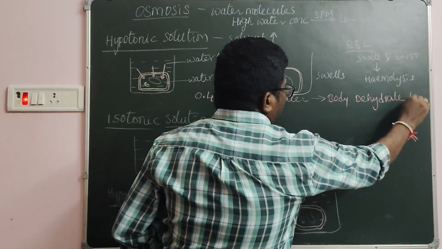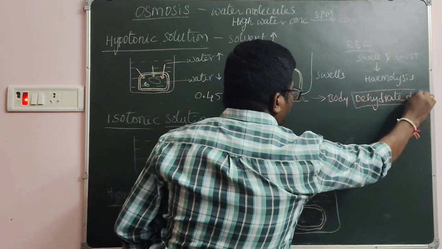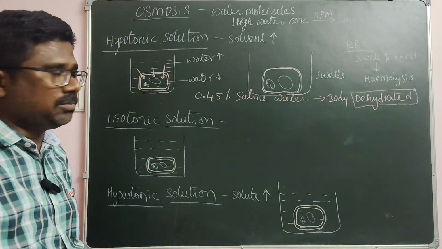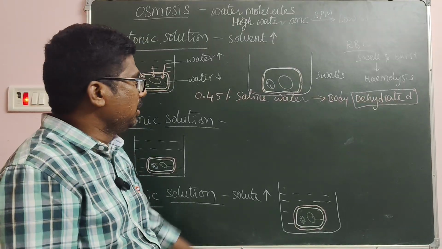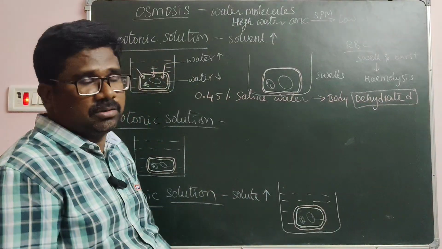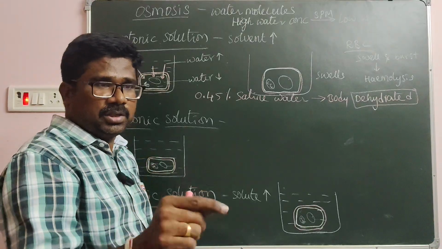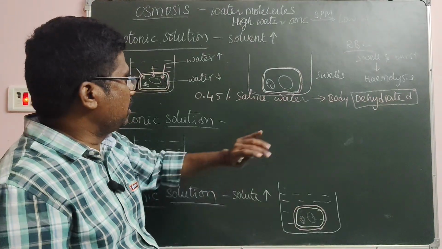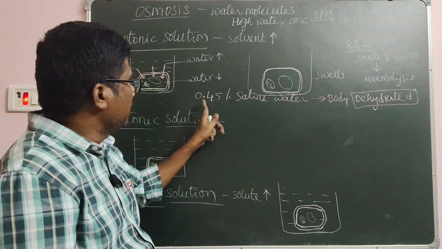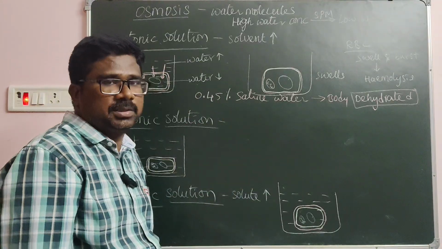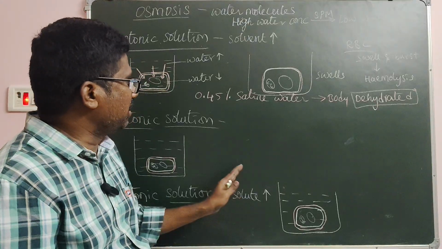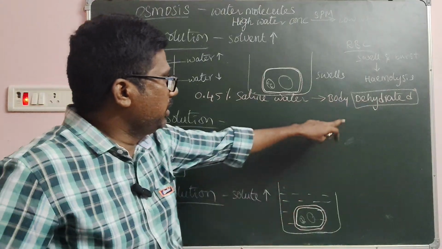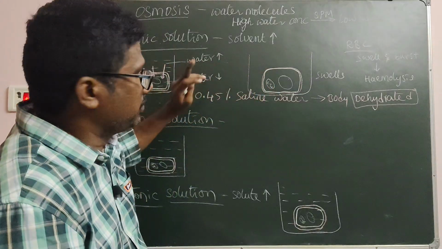During dehydration of the cells, hypotonic solutions will be injected into the body through the saline bottles. That is 0.45% saline, commonly used. We call it half normal saline. So during dehydration, this will be useful.